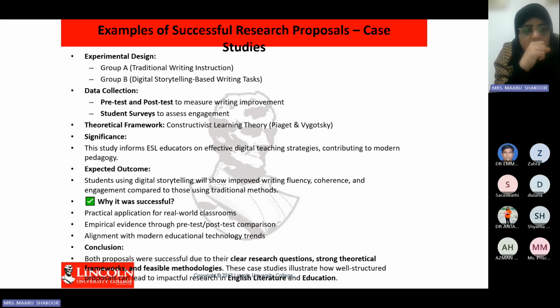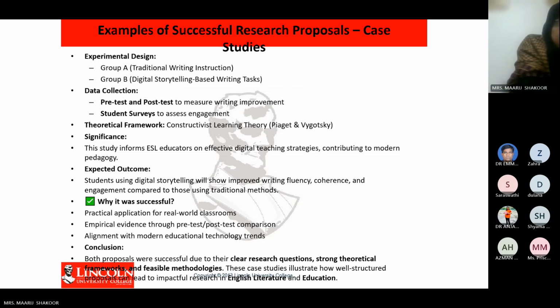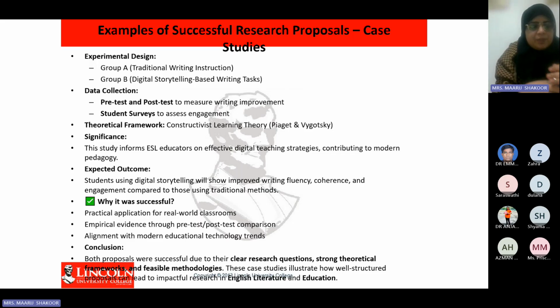Significance: this study informs ESL educators on effective digital learning techniques, contributing to modern pedagogy. Expected outcomes: students using digital storytelling will show improved writing fluency, coherence, and engagement compared to those using the traditional method. This is the expected outcome.